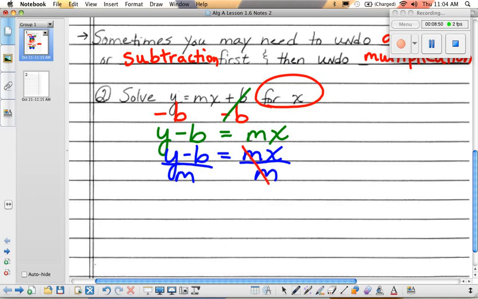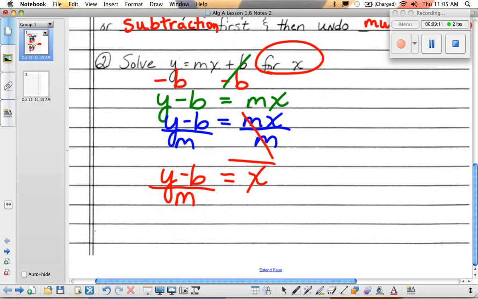The m's over here are going to cancel away. Anything cancel on the left side? Nope, we can't cancel anything over there, so it's going to be y minus b. And you have to make a total fraction bar underneath that y minus b, because that whole side is getting divided by m. So now we have our equation rearranged and solved for x.